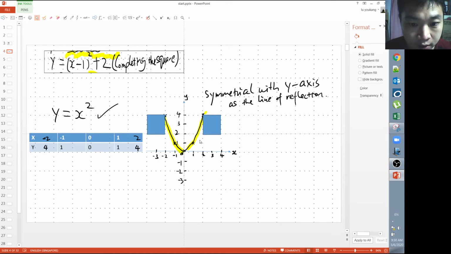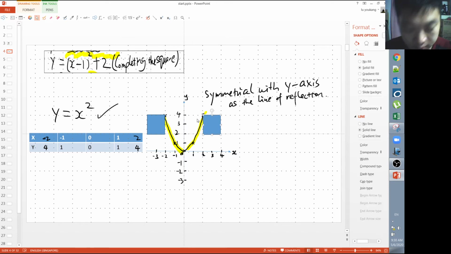So this square and this square are symmetrical, and the y-axis is the line of reflection. Similarly, the part here should be symmetrical to this part. So you should get a mirror image. That's the key to judge whether your curve is a good curve, or good enough.